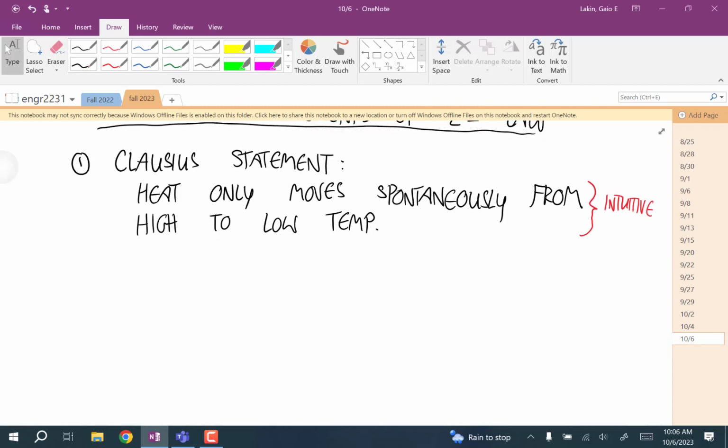The second one is called the Kelvin-Planck statement.